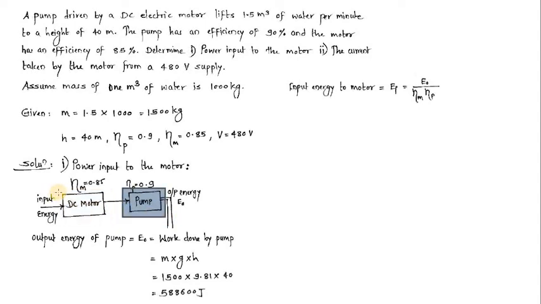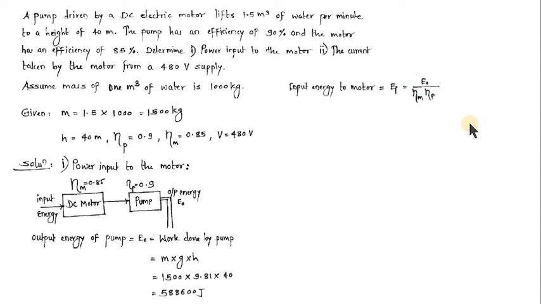When a process comprises 2 or 3 appliances, the efficiency of the whole process is the multiplication of the individual efficiencies of the individual equipment. Here eta m is efficiency of the motor and eta p is efficiency of the pump. So efficiency of the process will be eta m into eta p.